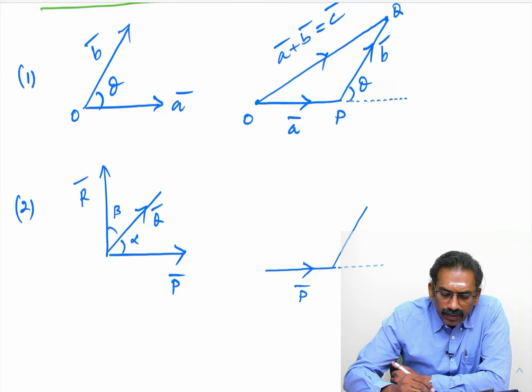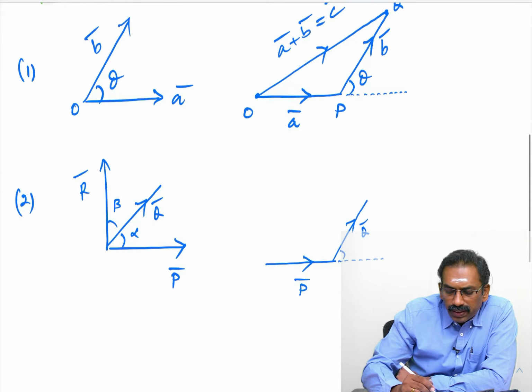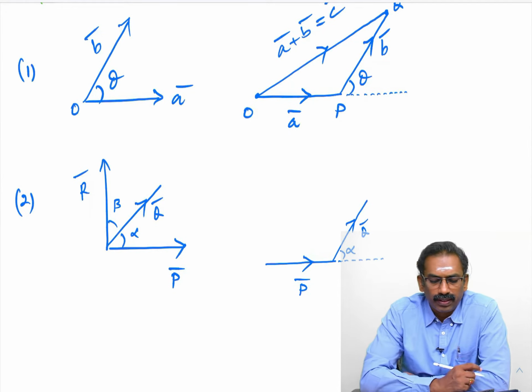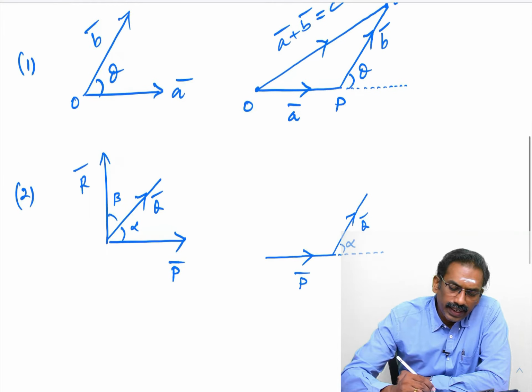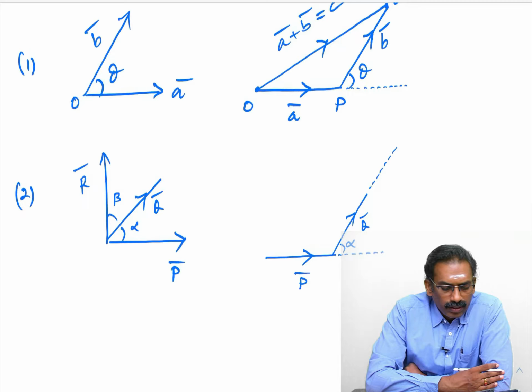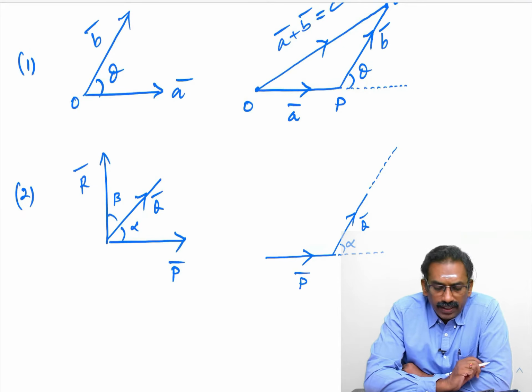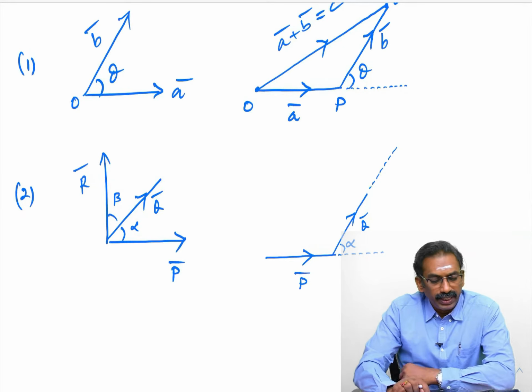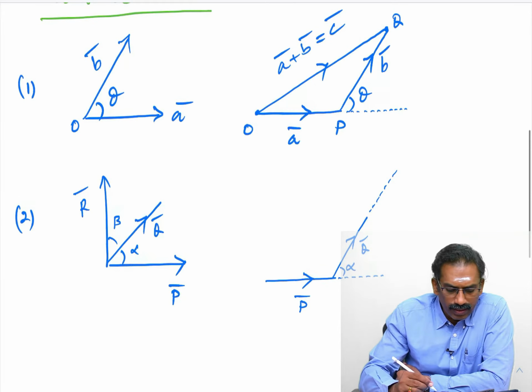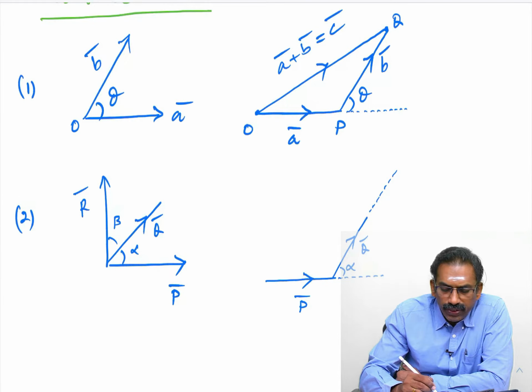This is Q vector. It makes an angle alpha with P. This is the line of action of Q. Now let us shift R vector without changing the direction. Bring the tail of R vector to the head of Q vector.